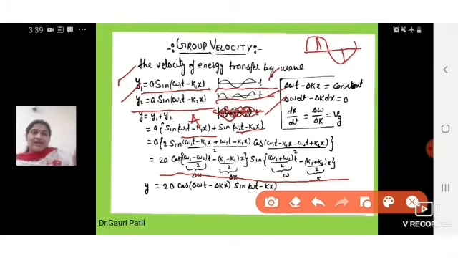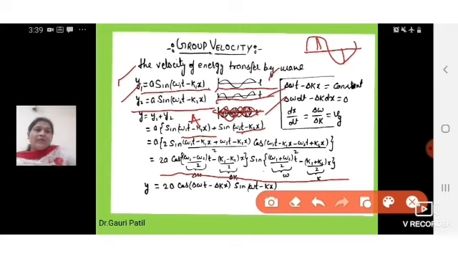So I will repeat, we just separate out cos and sine for the x and the t. Means here omega 1 minus omega 2 upon 2 t minus k1 minus k2 upon 2 into x, same for the sine.